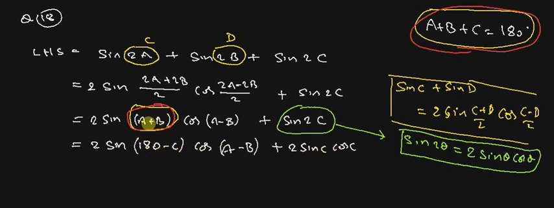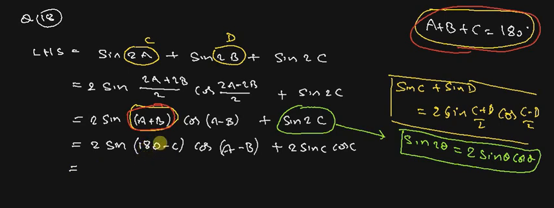So instead of a plus b, use the result given in the question. Look at your textbook, it was given a plus b plus c is 180, so a plus b equals 180 minus c. From the other result, replace theta with c, you will have 2 sin c cos c. And here you have to remember the old results.